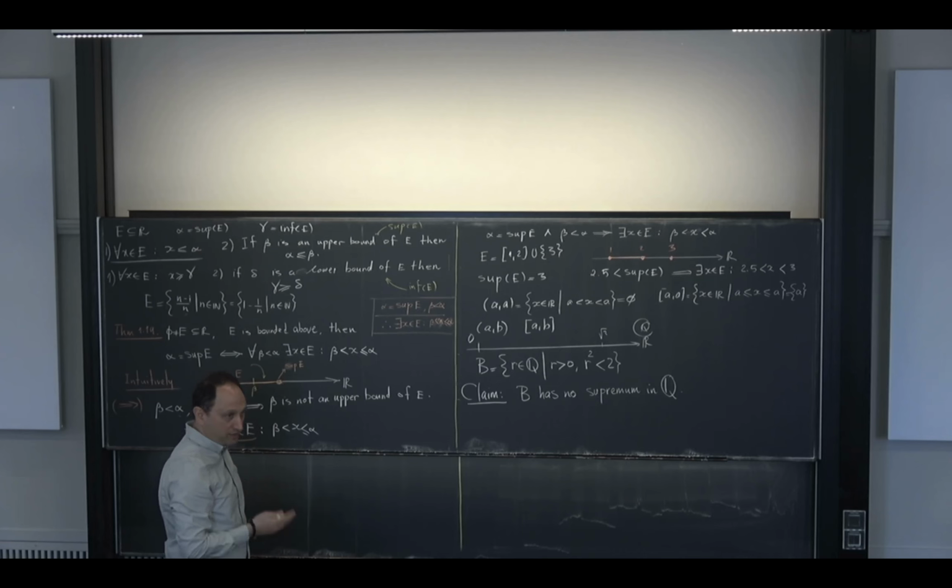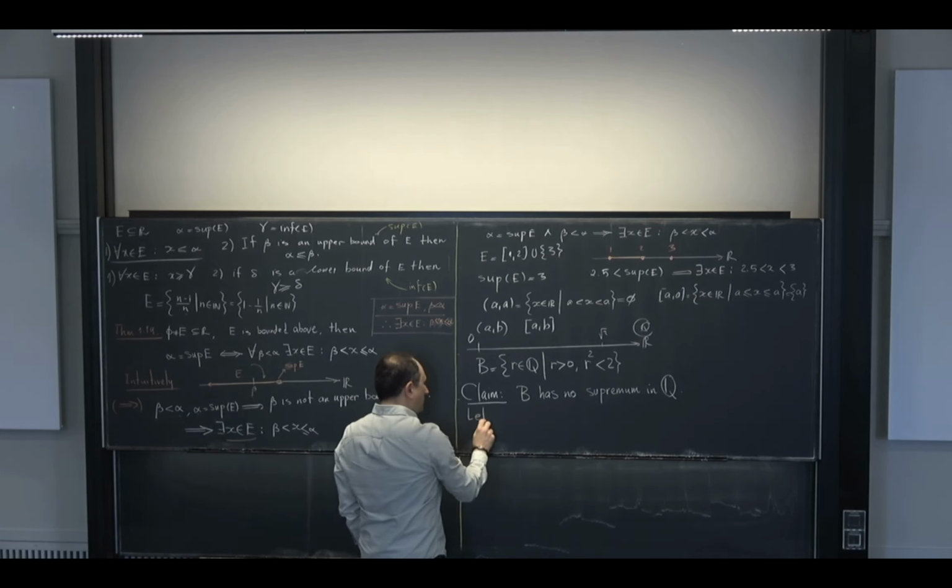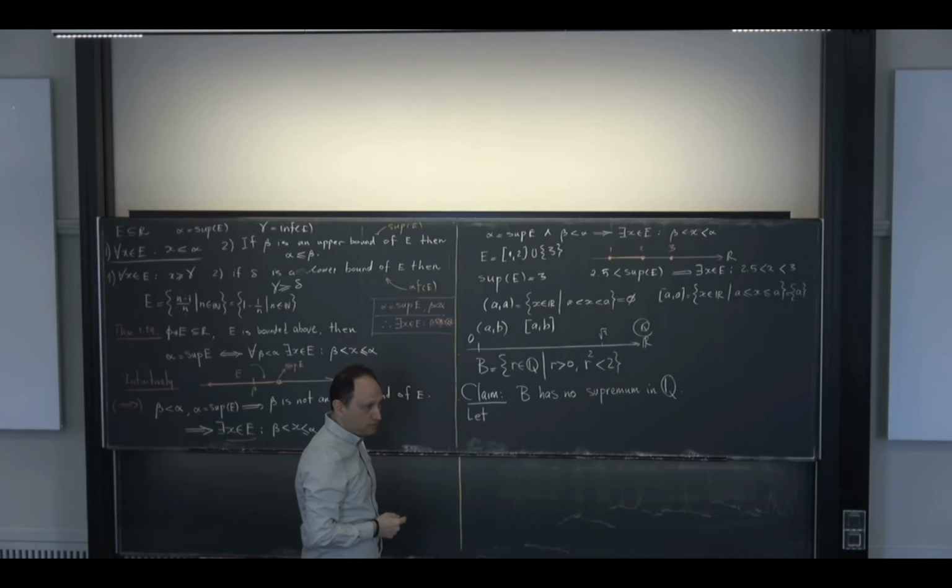Be careful: I am not claiming that B has a supremum. I am claiming that if there is a supremum for this B, that supremum cannot be in Q. That's my goal.